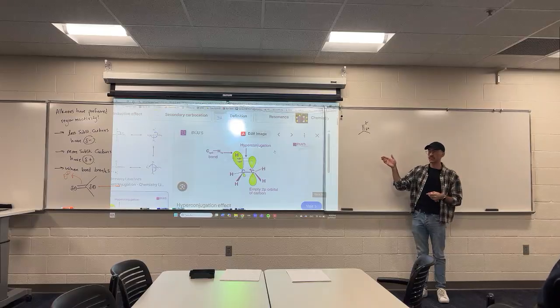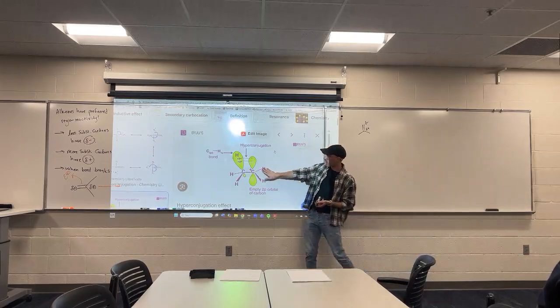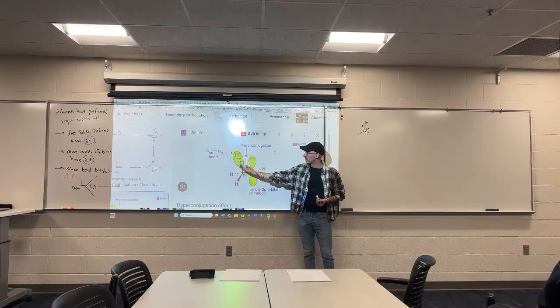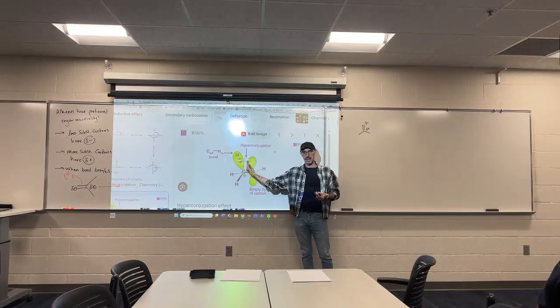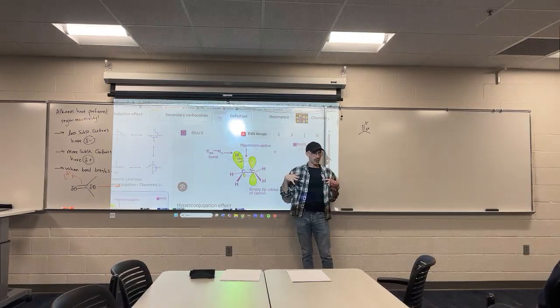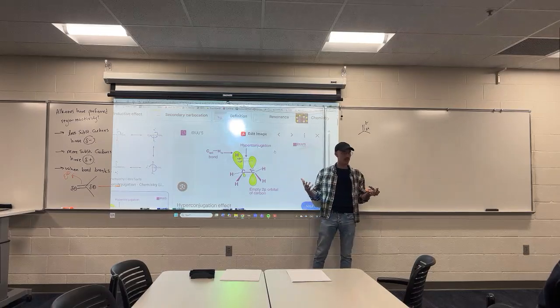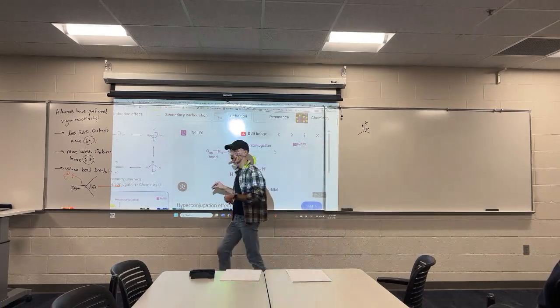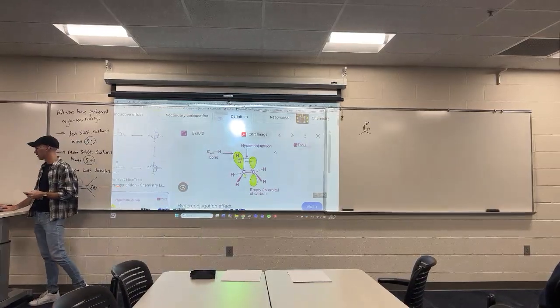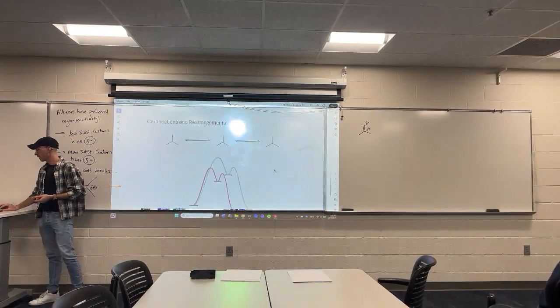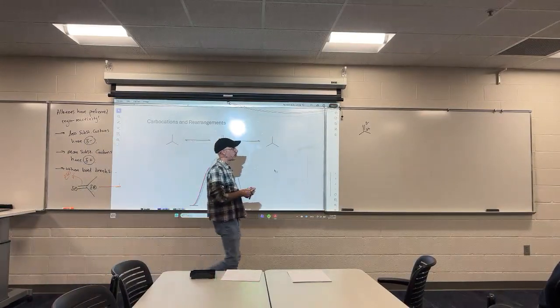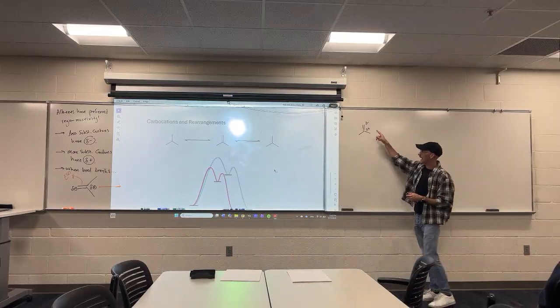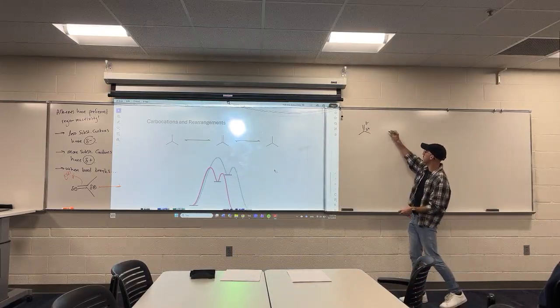But here, we've seen resonance forms, where a more substituted carbon steals electrons from neighboring bonds. The more neighboring bonds, the more substituted, the more it can steal electrons, the more stable it becomes. So this has regioreactivity.